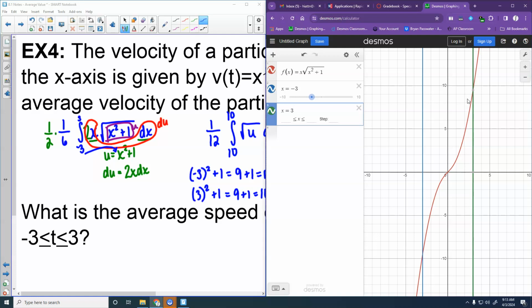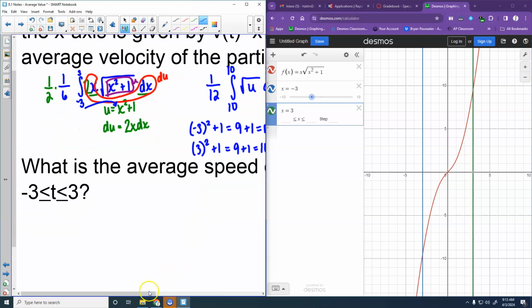Okay? But I have a different question for you. This question is, what is the average speed of the particle? It seems almost like the same question. In real life, we use those two kind of interchangeably, right?